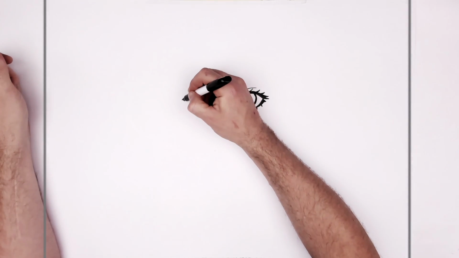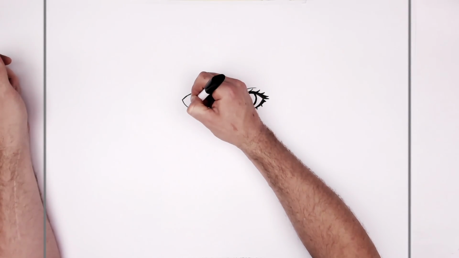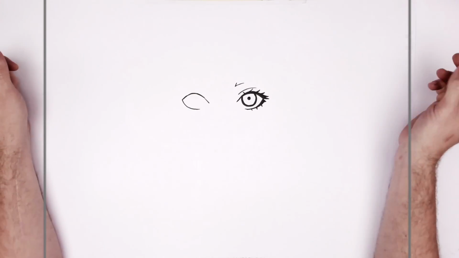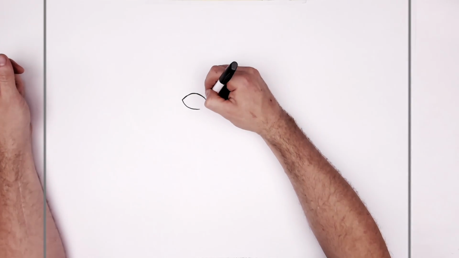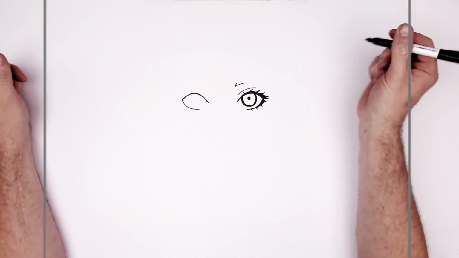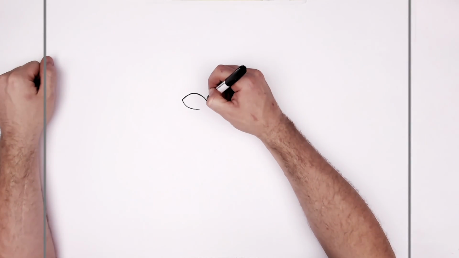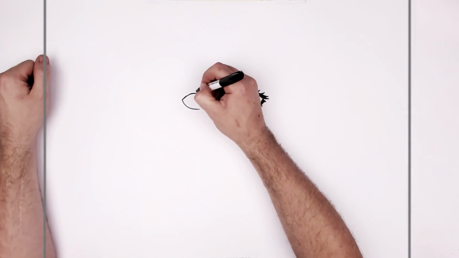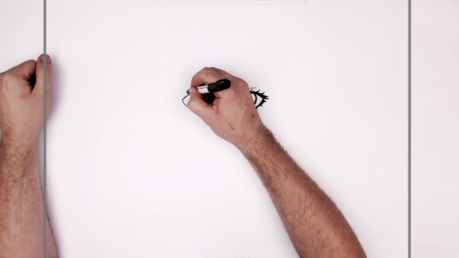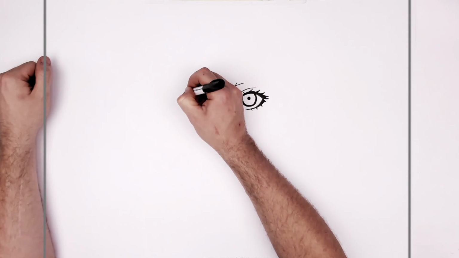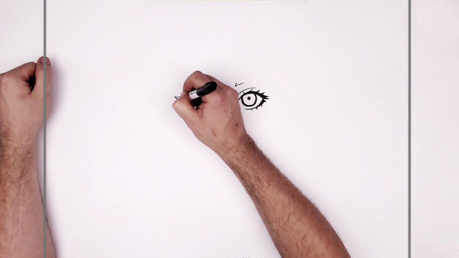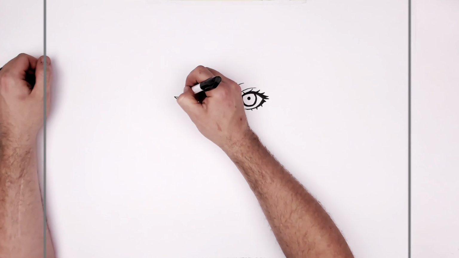And then we go down this way. Boop. Thicken up and add eyelashes. Add another one there actually.